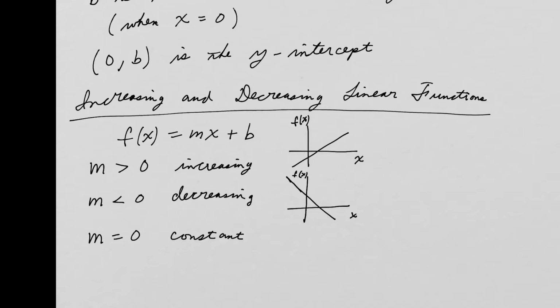So positive slope, negative slope. And then the third case is if it's 0, then I'm just going to get y equals b, and that's going to be a constant function, right? It's going to be a horizontal line.